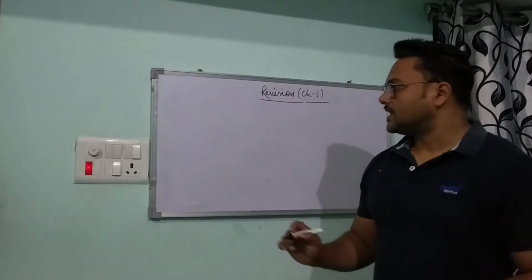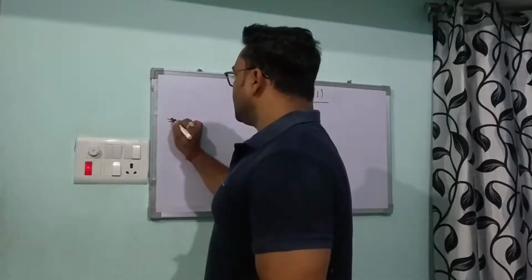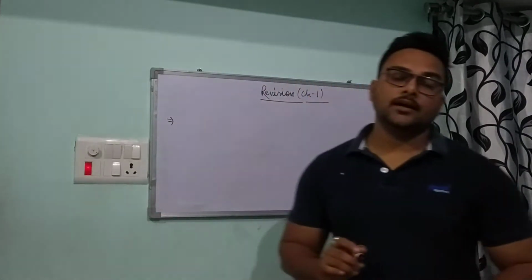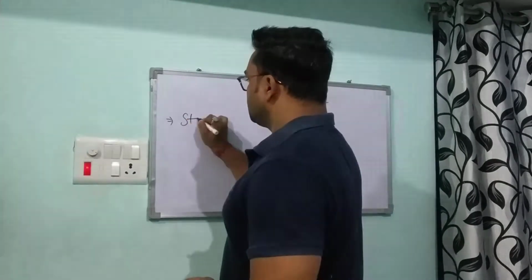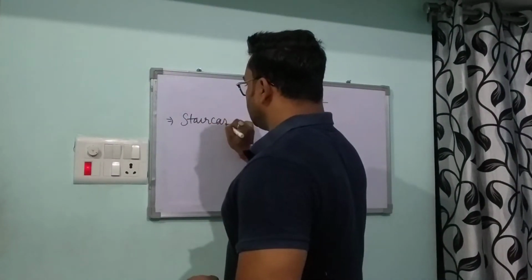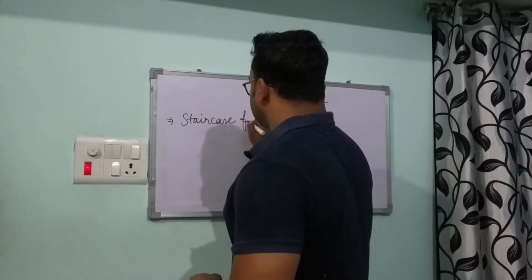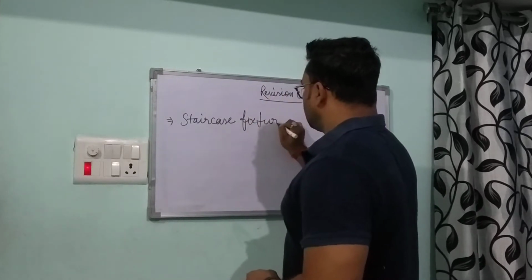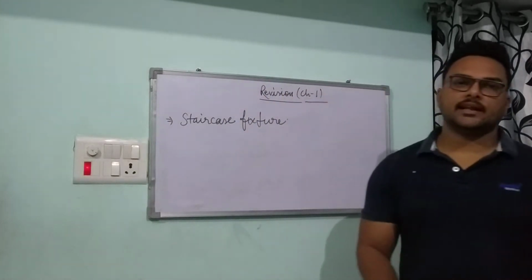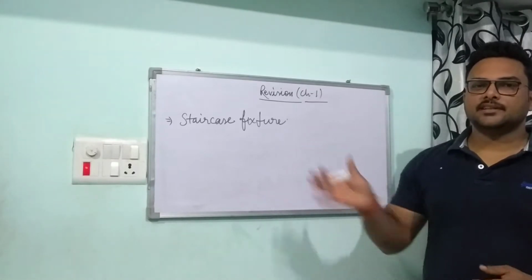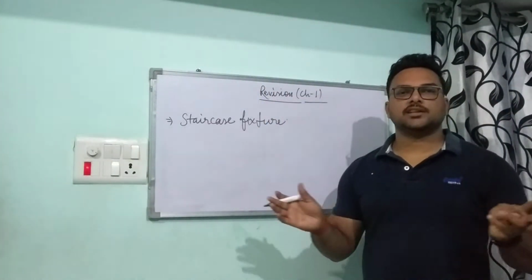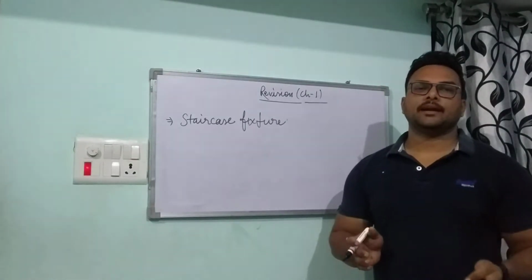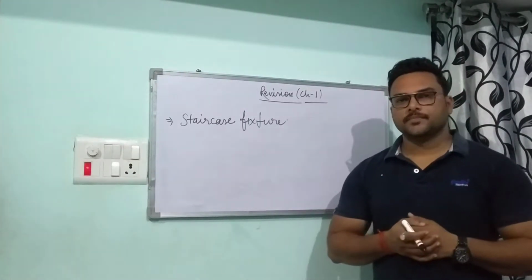First one is the staircase fixture. Generally this fixture is used in the league or round robin tournament. As its name suggests, there will be stairs through which the teams are competing with each other.